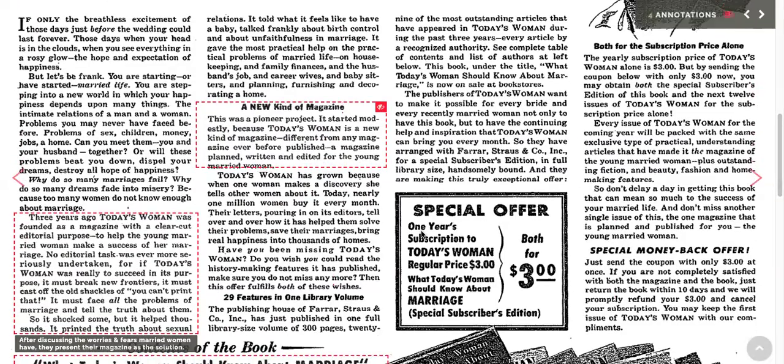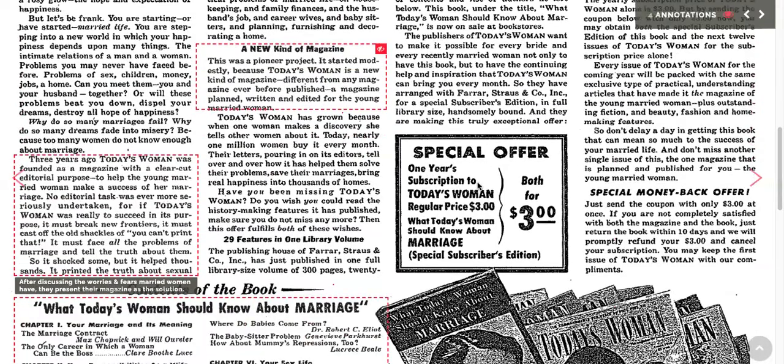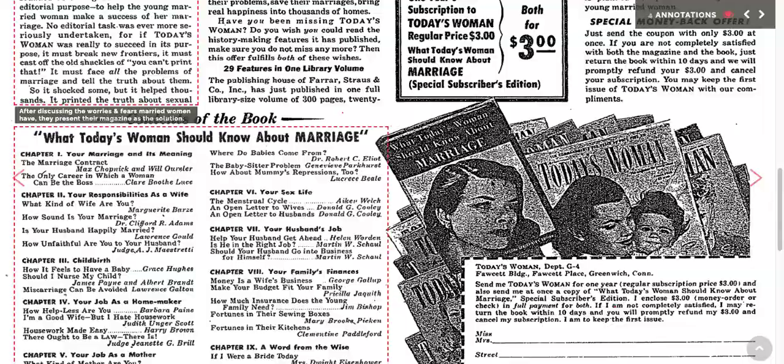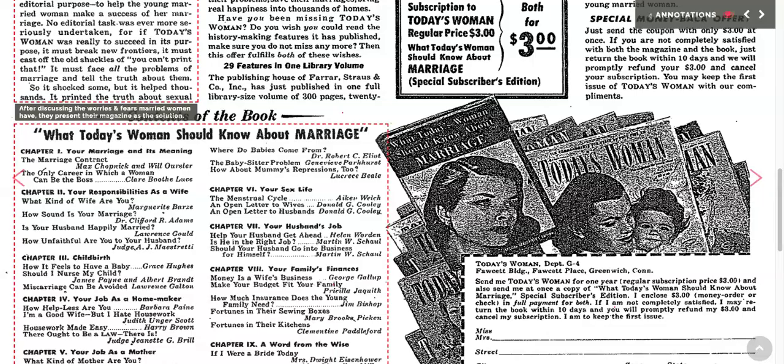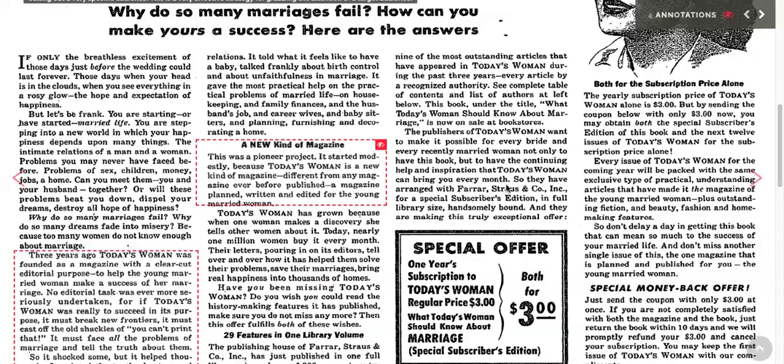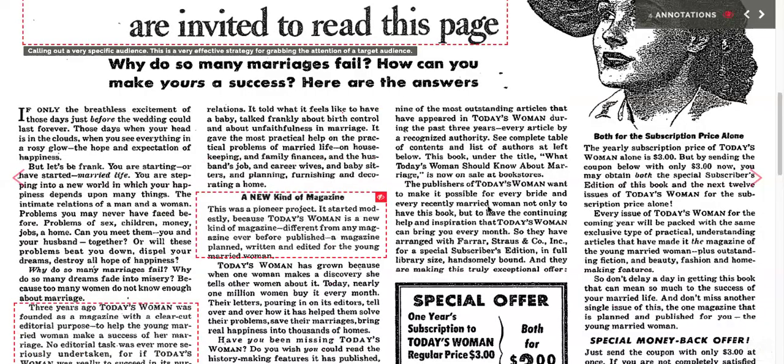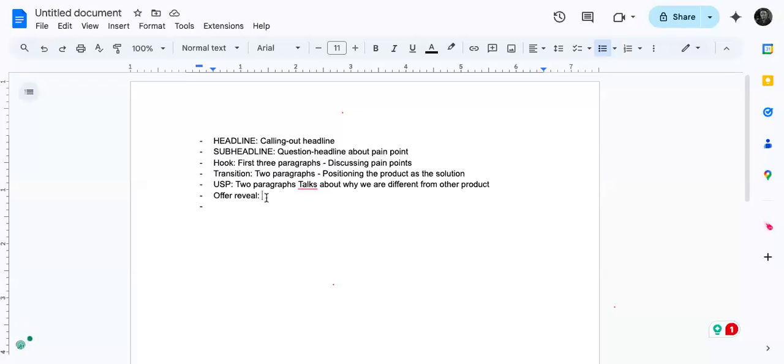And then the special offer review. So a 1 year subscription to Today's Woman for regular price $3. What this woman should know about marriage. And then there is this thing here. So let's add there special offer, authority building.